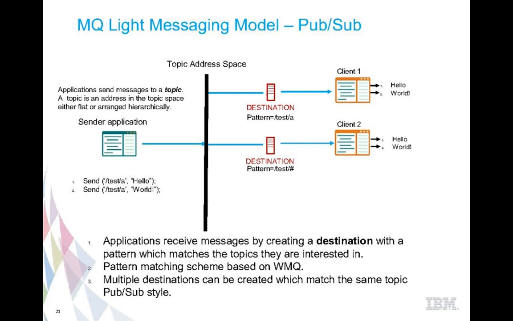You can use wildcards while creating destinations on the receiver, and then you have client 1 and client 2, which receive the messages that are published by the sender application. Now, in both cases you see hello world, but there are two messages received by both the client applications. So it is not one message, but two messages, as we have published two messages, one with hello and the other with world.